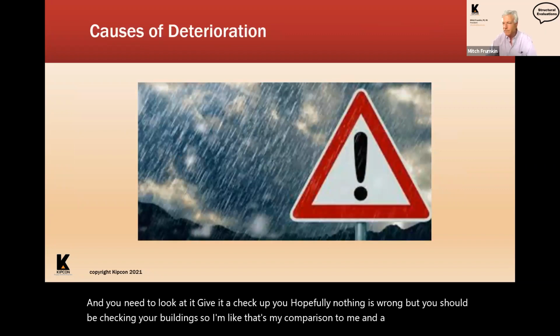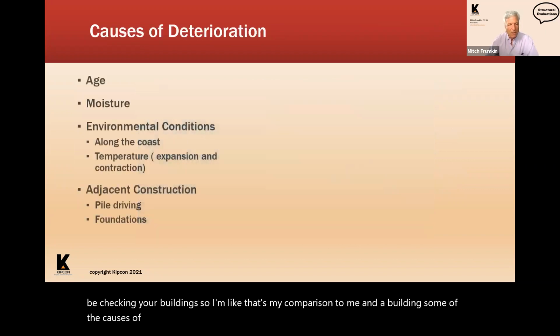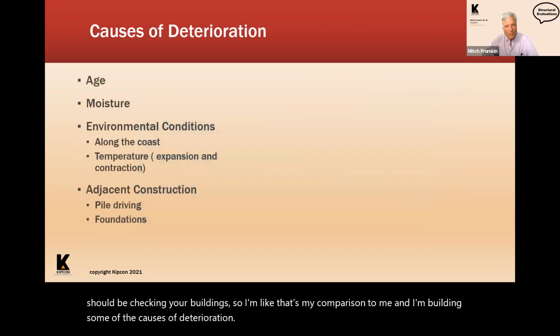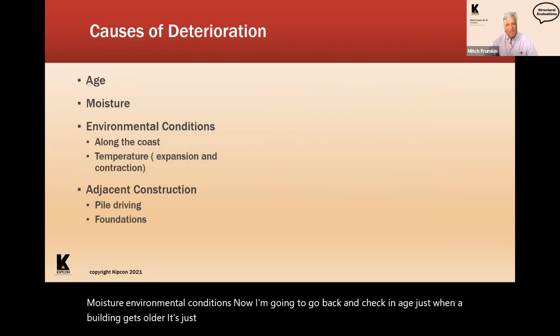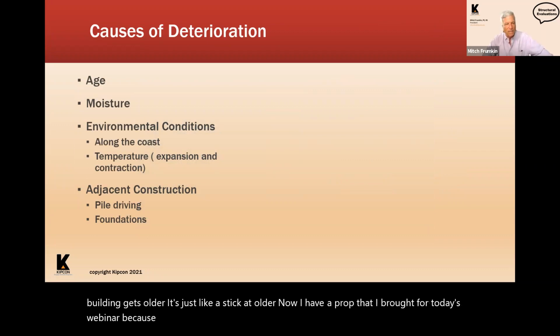Some of the causes of deterioration: age, moisture, environmental conditions. Now, I'm going to go back a second. Age. When a building gets older, it's just like us that get older. Now, I have a prop that I brought for today's webinar because 10 years ago, I did not do this, but now I go to a doctor.